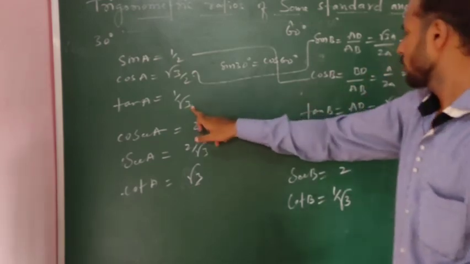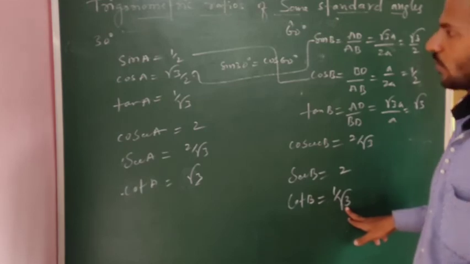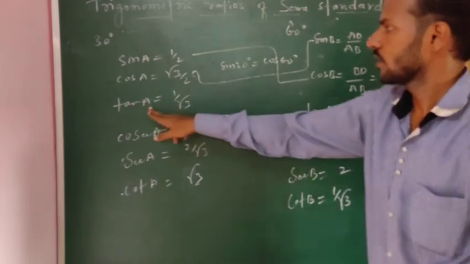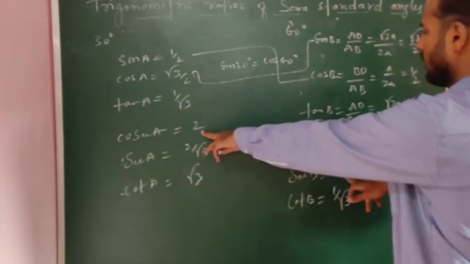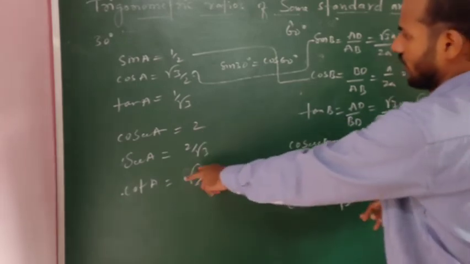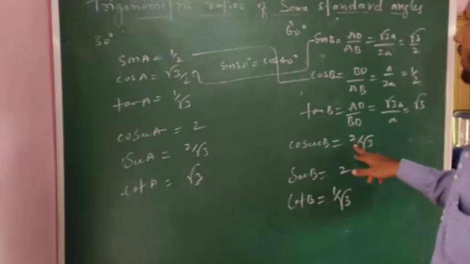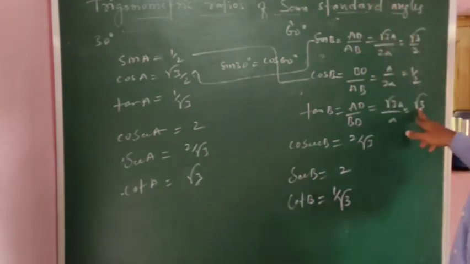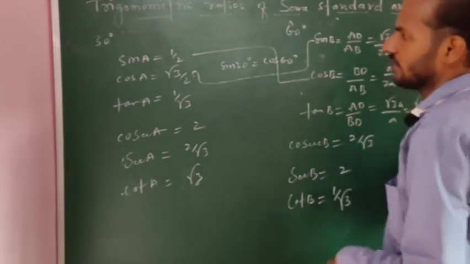And tan A, 1 by root 3, is cot B, 1 by root 3, right? Cot 60 degree equals tan 30 degree, cosec 30 degree equals sec 60 degree, sec 30 degree equals cosec 60 degree, and cot 30 degree equals tan 60 degree. This is the comparison.